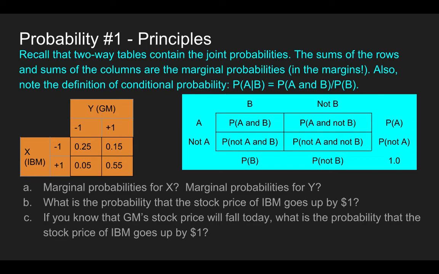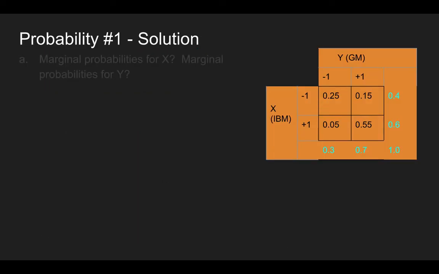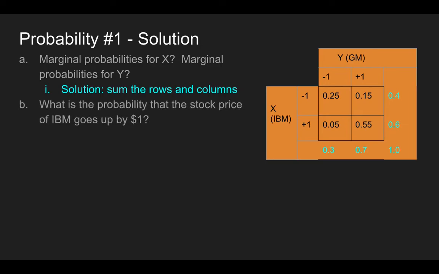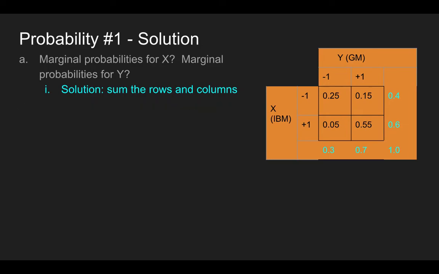So these two constitute the marginal probabilities of x. So the marginal probabilities of x would be 0.4 and 0.6, and the marginal probabilities of y would be 0.3 and 0.7.